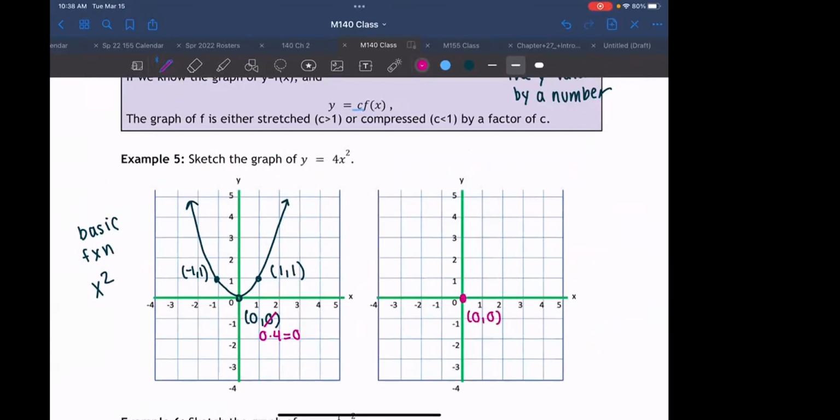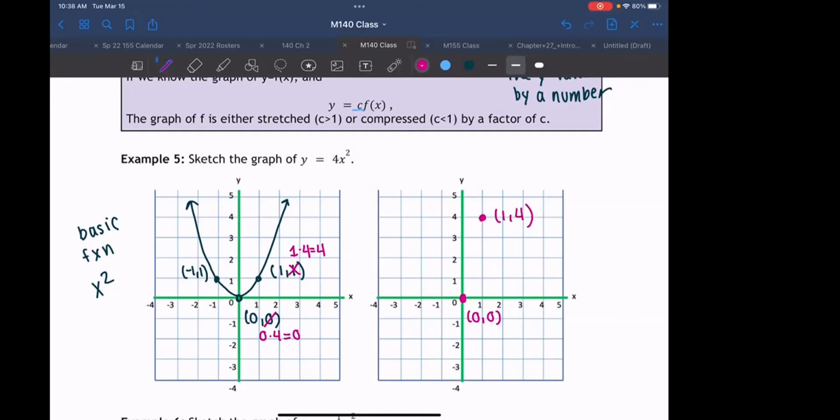Okay, well, that didn't really do anything. If I take 1, 1, I'm going to take the y value, cross it out, and replace it by 1 times 4, which is 4. So my new point is going to be 1, 4.